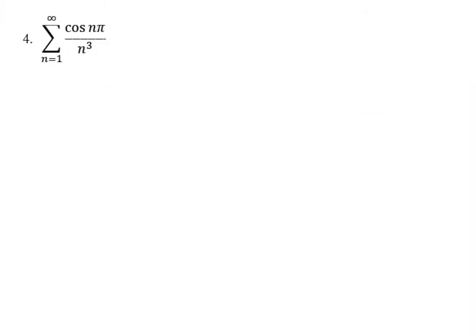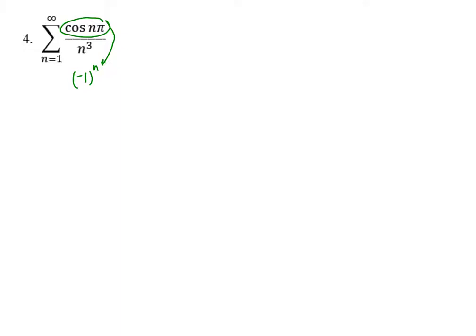Here's a series that may not be clearly alternating until you pause to consider what happens at the cosine of n pi. Cosine of 1 pi is negative 1, cosine of 2 pi is positive 1, 3 pi is negative, 4 pi is positive. So this term is none other than negative 1 to the power n.